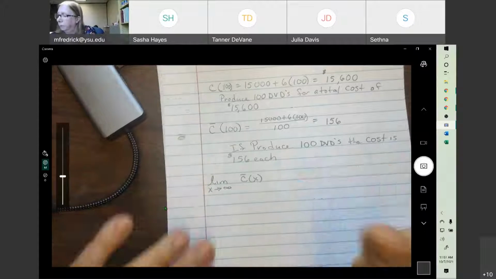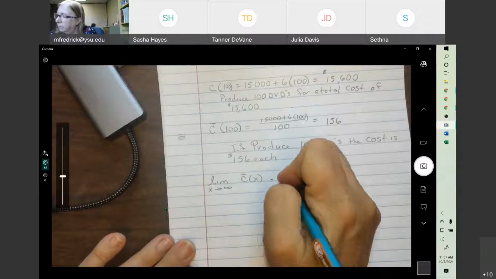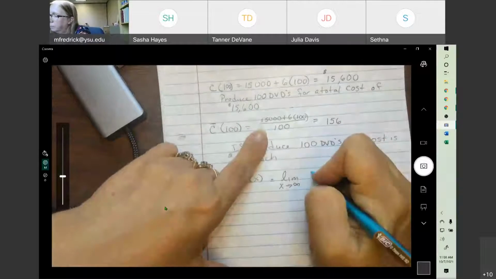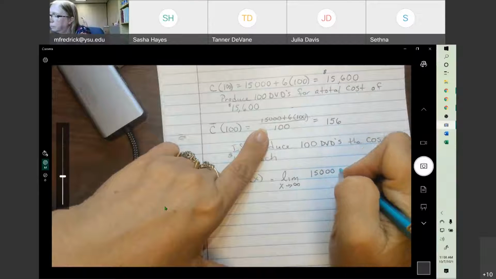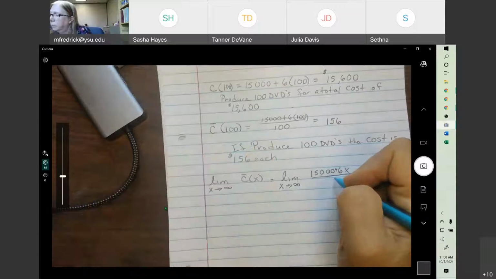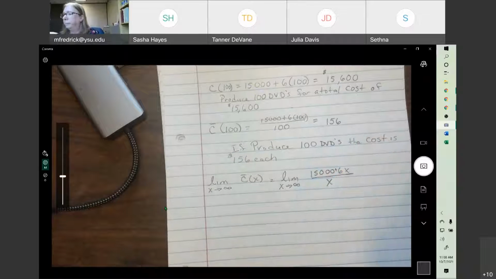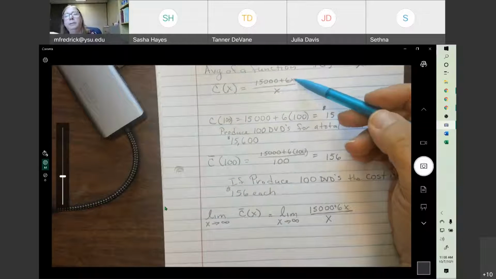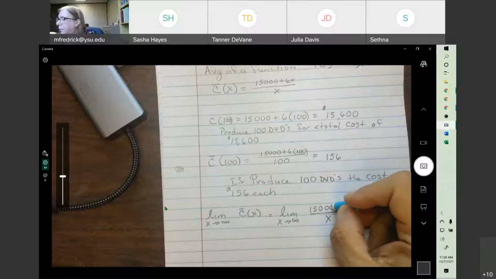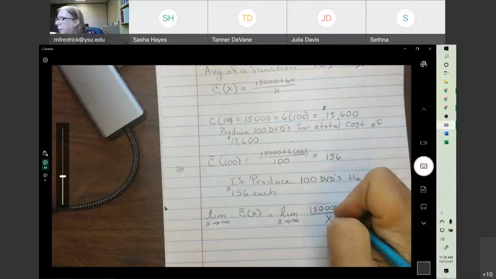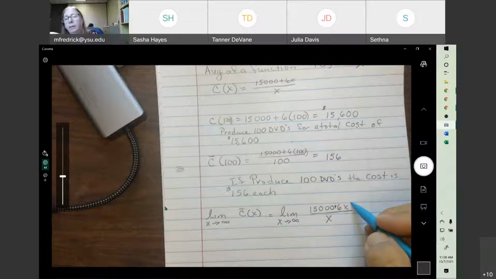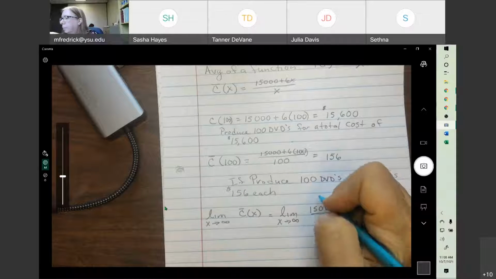I'm going to write the function here. So I took our average function and wrote it so we could look at it. Remember when we did last class the limits to infinity? We took the degree on the top and the degree on the bottom.